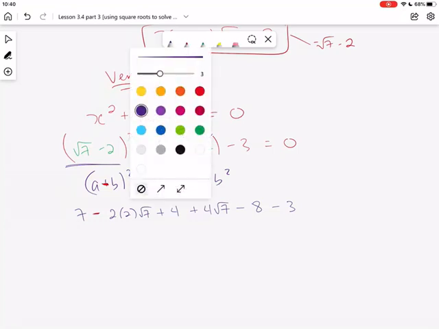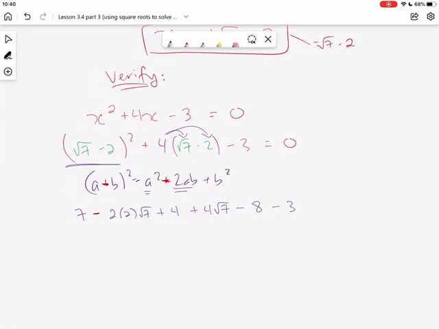So when I combine everything together, this is still 7. Here I will have minus 4 root 7. Here I will have plus 4 root 7, and minus 8 minus 3. So let's look at our like radicals. These two are like radicals. I have a negative 4 root 7 and a positive 4 root 7. So these will essentially cancel each other out.